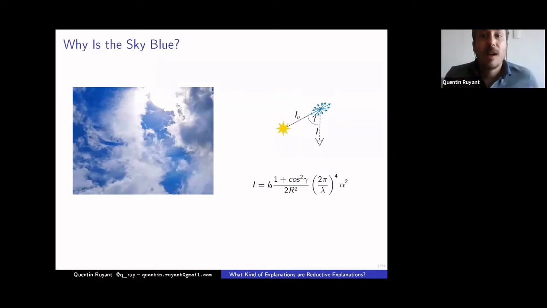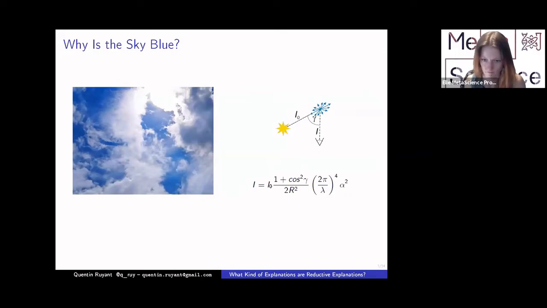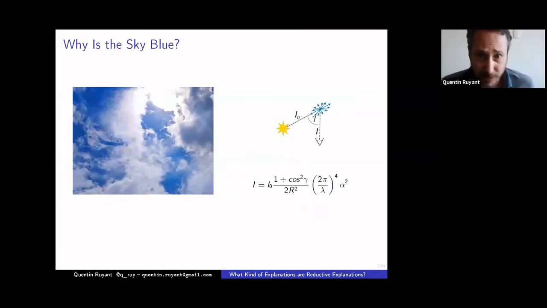The standard explanation from physics is that the atmosphere is composed of molecules, small particles, and particles scatter light. When the size of the particle is negligible compared to the wavelength of the light, you can say that the amount of light that is scattered is given by this formula, which depends on the wavelength.